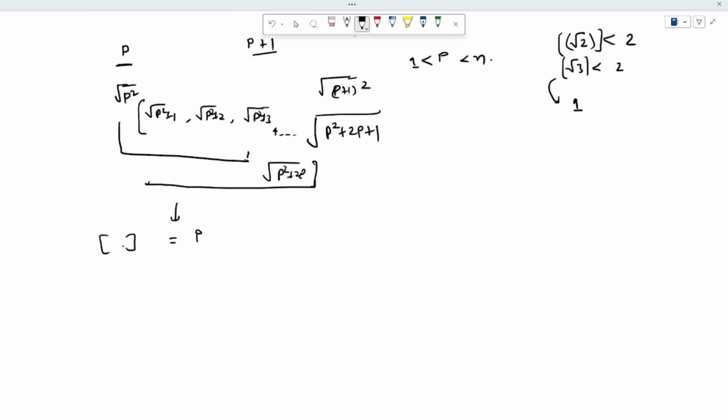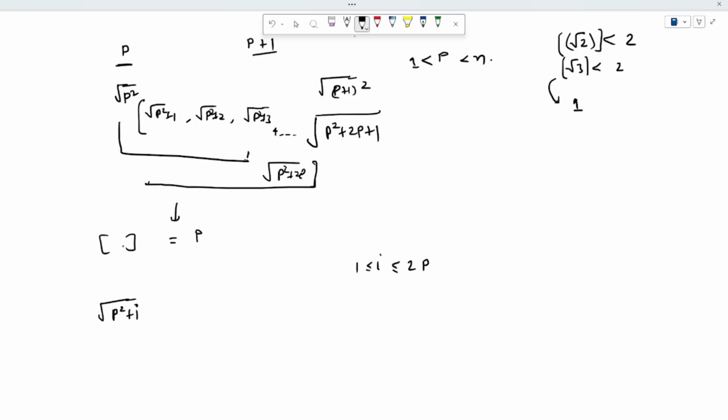Now we can simplify this question in a good manner. We have the square root of p square plus i, where i is just a number. Where does the value of i vary? i varies from 1 to 2p.